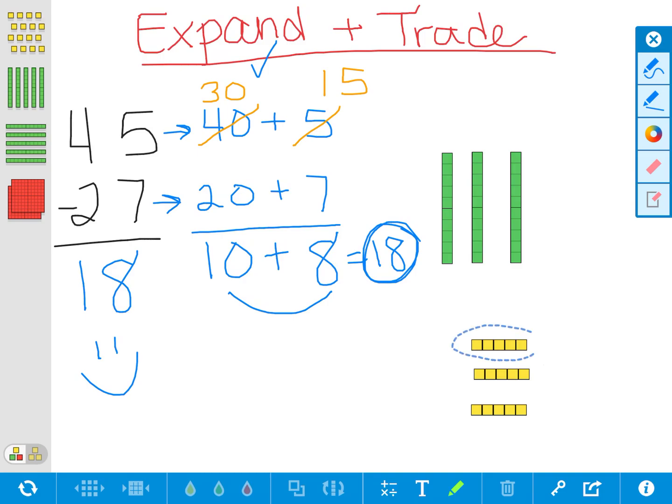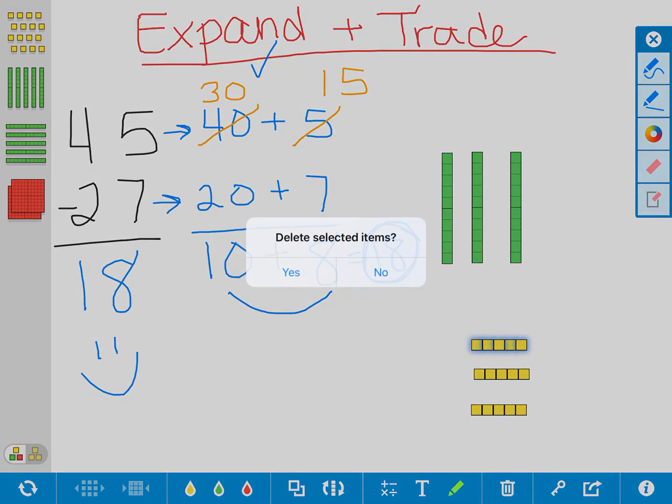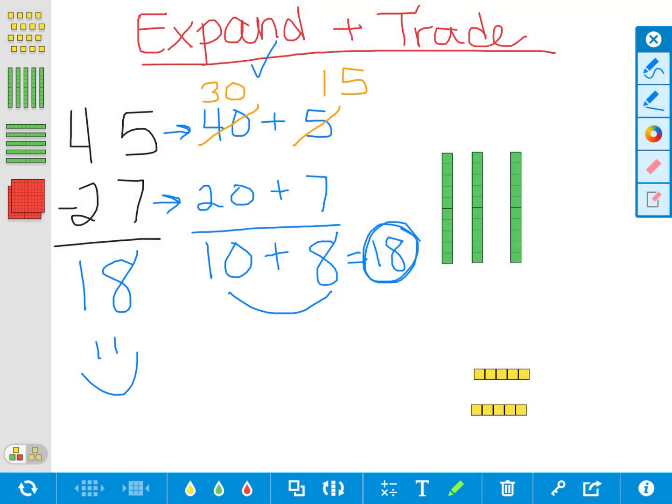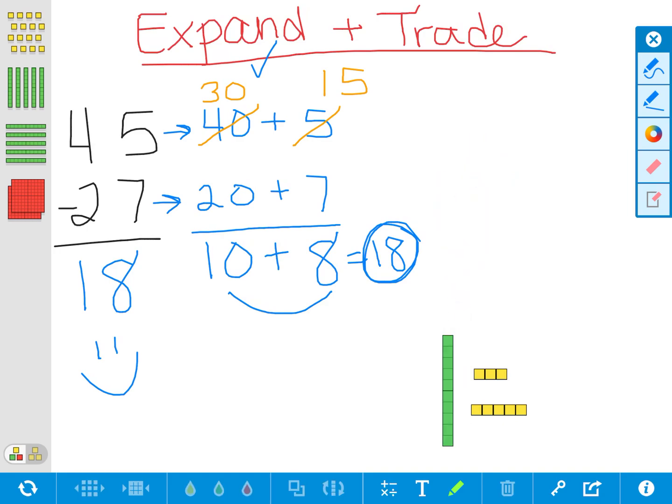So I know that this is 5. Take away 5, and then 6, and 7. And then I have to take out 20. So here's 10, 20. My final answer is a 10 and 8 1s, which would add up to 18. It worked. Awesome.